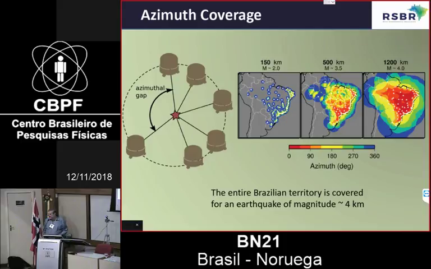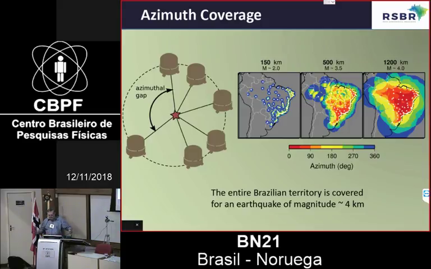Another thing that is important for our network is the azimuthal coverage. If the magnitude of the event is small, like magnitude 2, you can only see around yourself. So if an event happens close to this station, for instance, only this station can measure it.